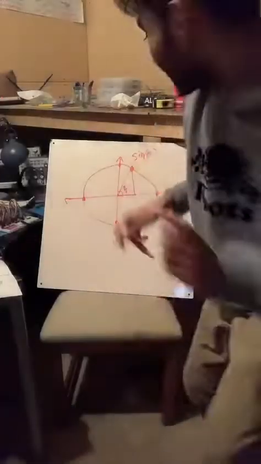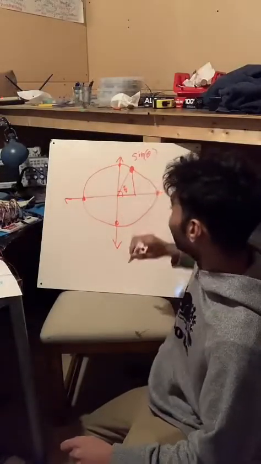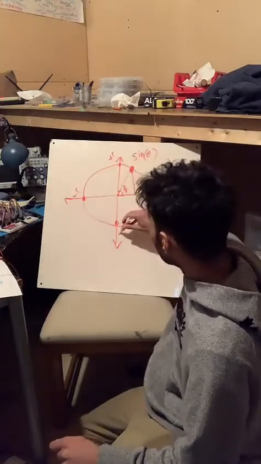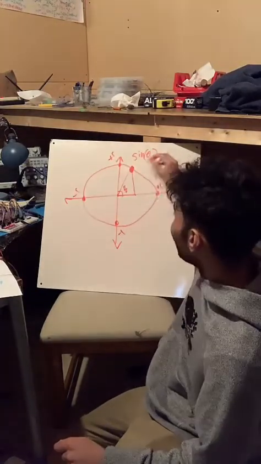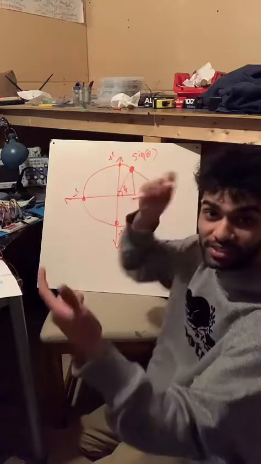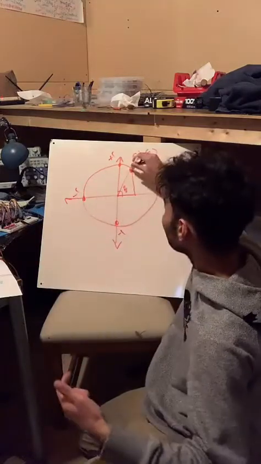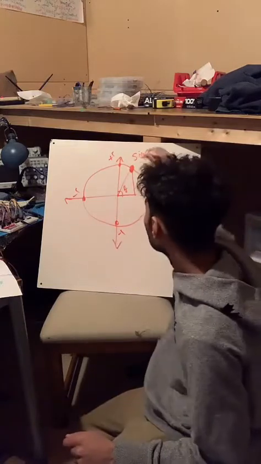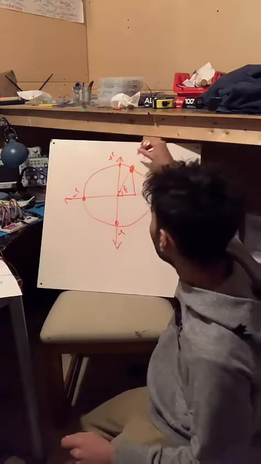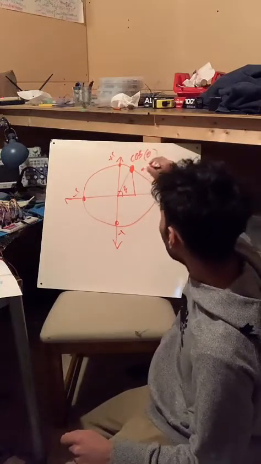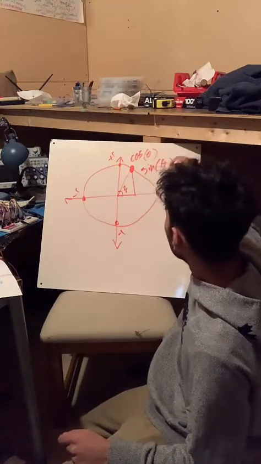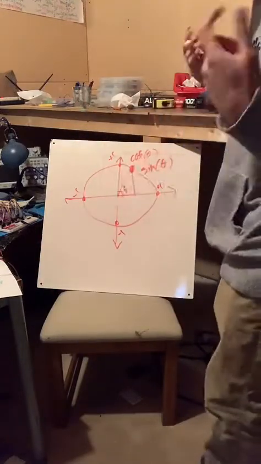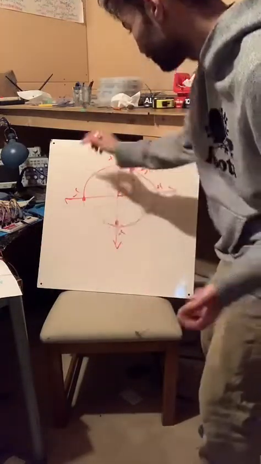If this is +1 and this is -1, the sine of the angle, if you press it on your calculator, gives you the x coordinate. Or is it? No, I lied. Cos. Bad mistake. Cos gives you the x, and sine gives you the y. This is just basic grade 10, and you can do this for the negatives, the positives, and so on.